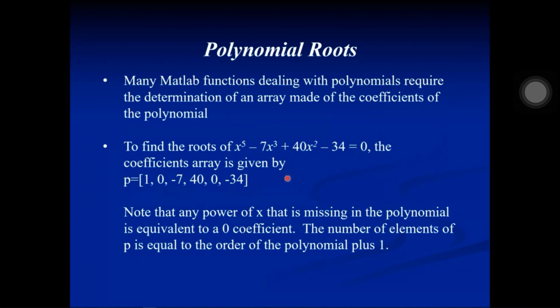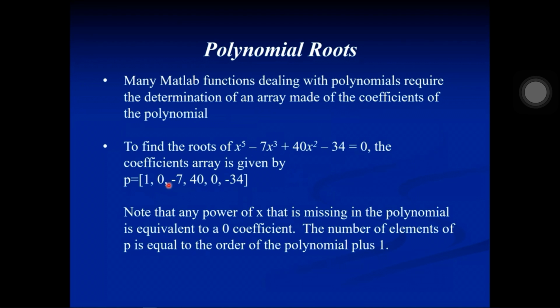However, you don't give the coefficients as 1, -7, +40, -34, because how does MATLAB know there is a term missing, that it is a fifth degree polynomial? That means you have to give every coefficient, meaning the coefficient of the highest degree term is 1. But the coefficient of x to the fourth, because x to the fourth is not there, is 0. You have to tell MATLAB it's 0.